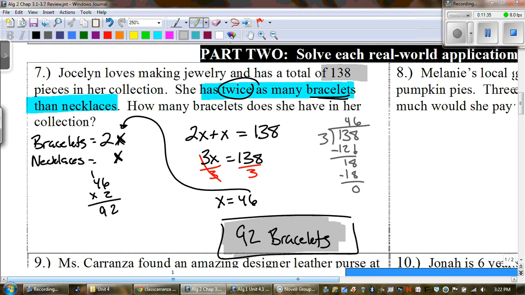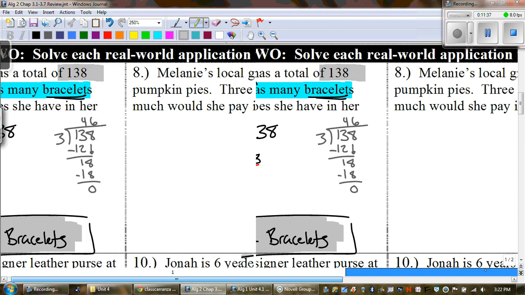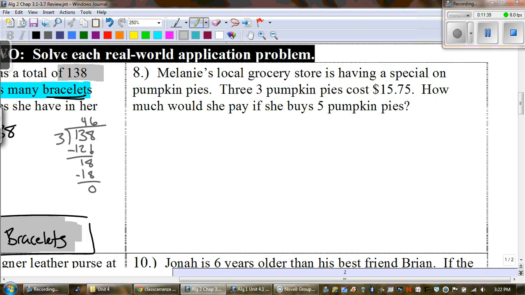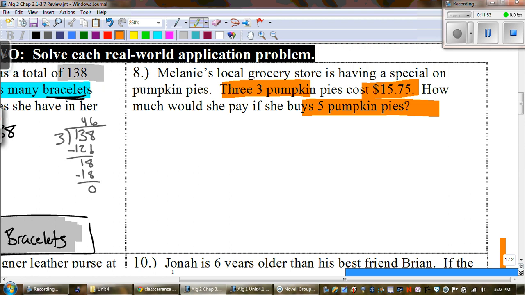All right, let's slide on over to number 8. It says Melanie's local grocery store is having a special on pumpkin pies. 3 pumpkin pies cost $15.75, and they want to know how much would she pay if she bought 5 pumpkin pies.